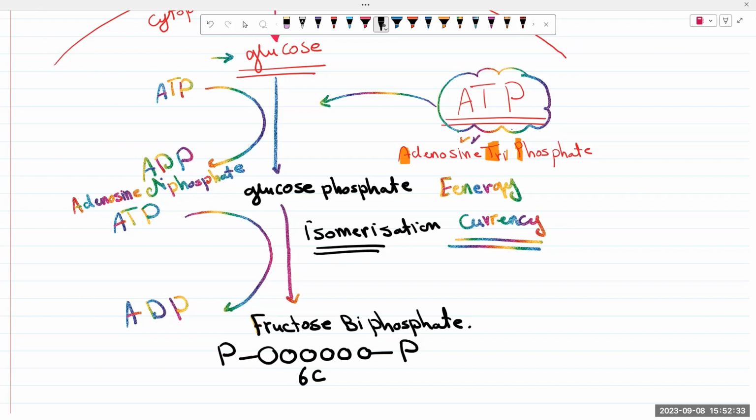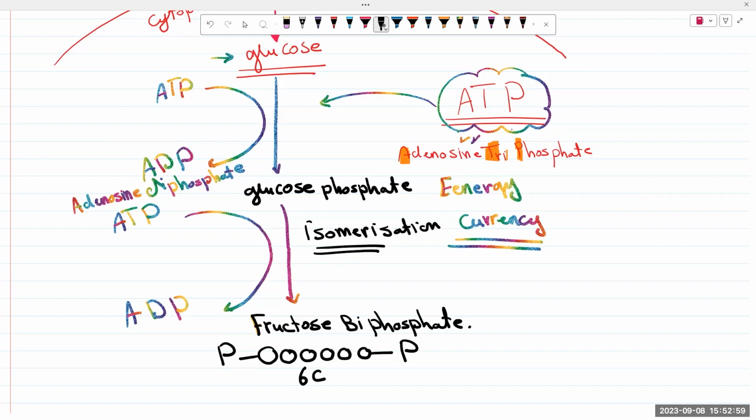This ignition or lighter is the activation energy which we give for that reaction to start. So the glucose will need activation energy using ATP. We will use 2 ATP molecules to convert the glucose into fructose bisphosphate. Is it clear?